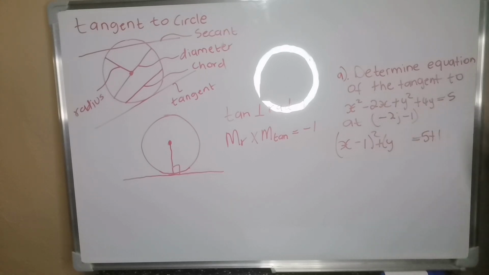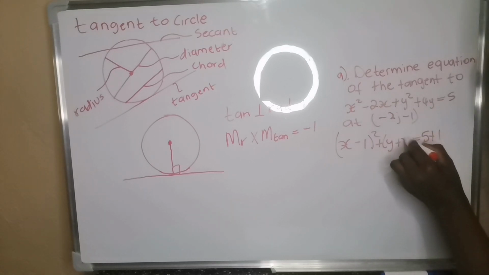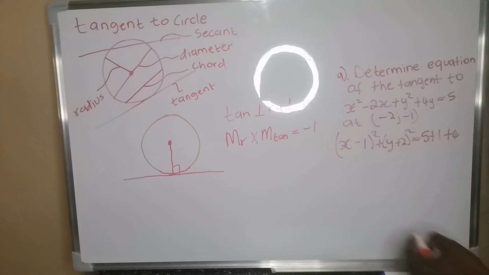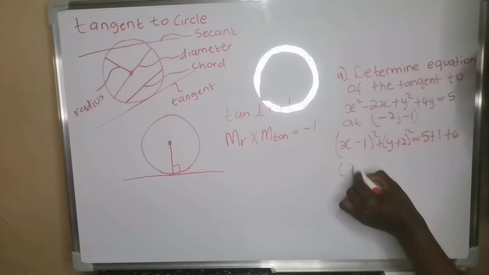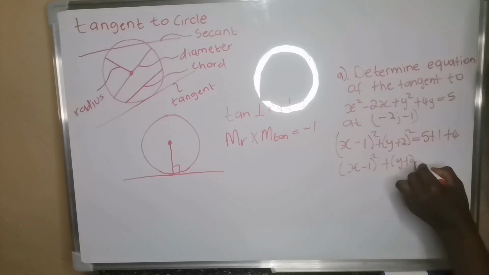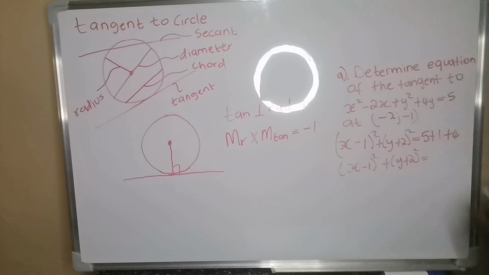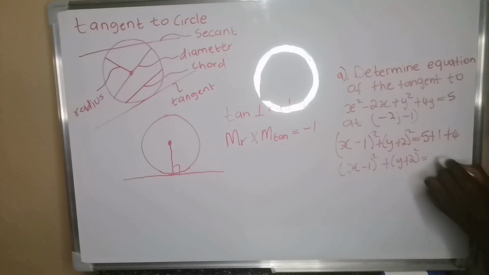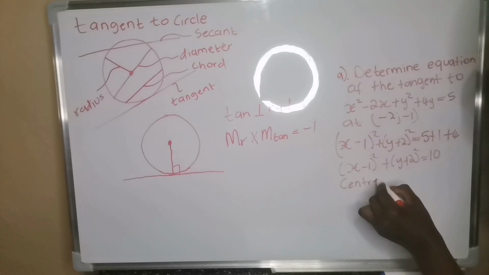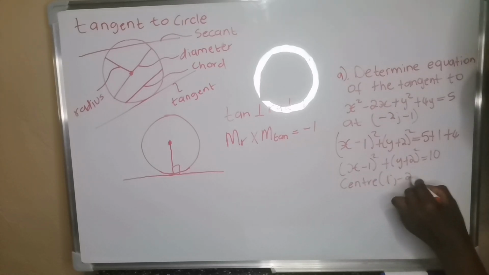What is the half of 4? 2. Plus 2 squared is +4. Then obviously we've got the coordinates there: x minus 1 squared plus y plus 2 squared is equal to 5 plus 1 plus 4, which is 10. Now the center's coordinates are 1 and -2.